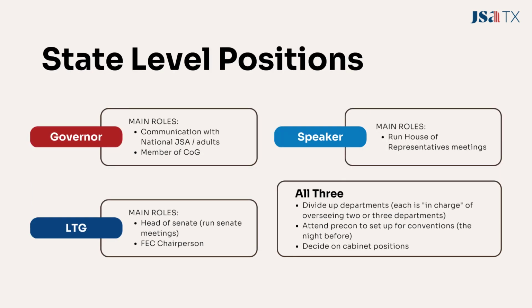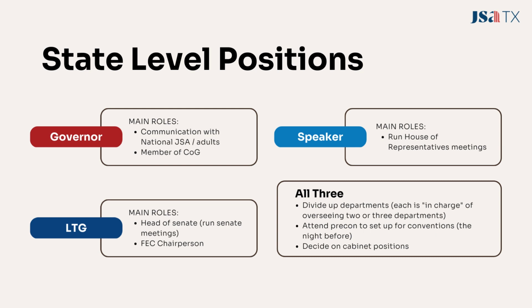Okay, so for the state level positions, all 3 of the big 3 members divide up the departments amongst themselves. Each one is in charge of overseeing 2 or 3 departments. For example, this year I'm overseeing CIA, expansion, and publicity. Then the big 3 members will attend pre-con to set up for conventions, which is the night before the convention.